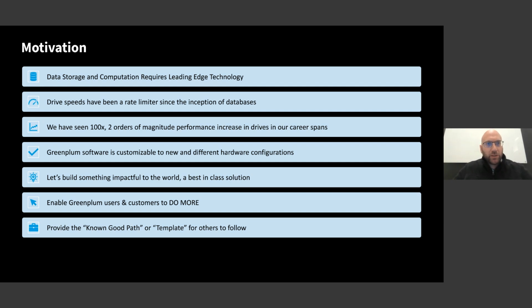They have more data coming from more locations and have more use cases that they want to use to impact their business. And the reality is, when it comes to data storage and data computation, it really makes a huge difference what technology you use. Because the data sizes are so large, the impact of your selection of hardware can be monumental.